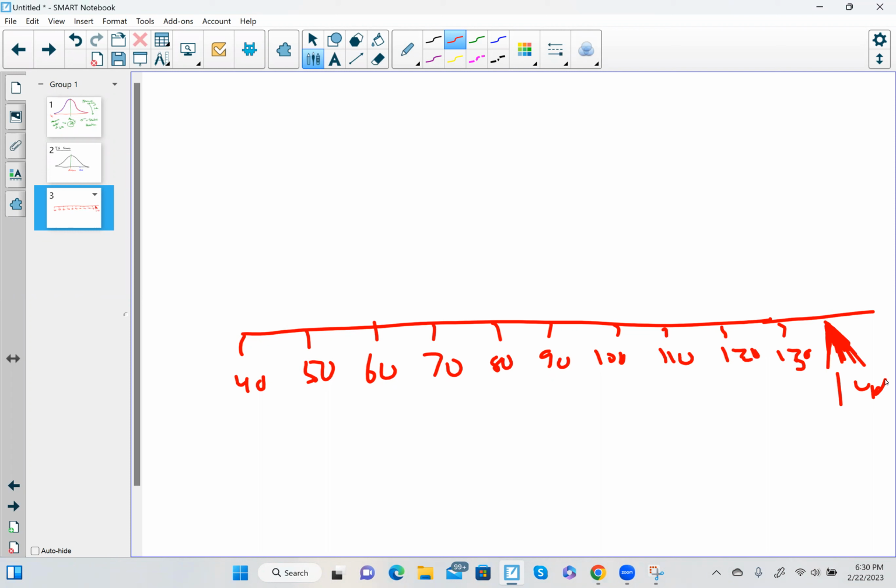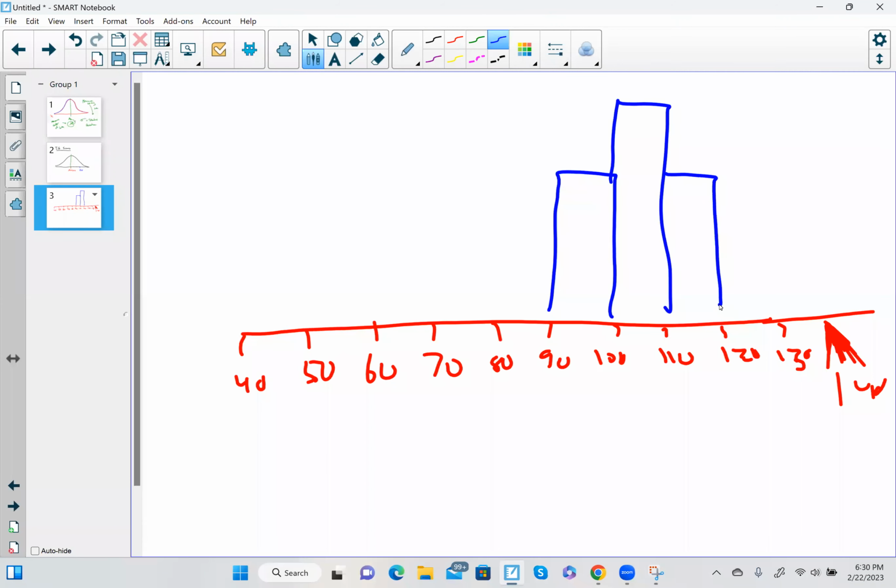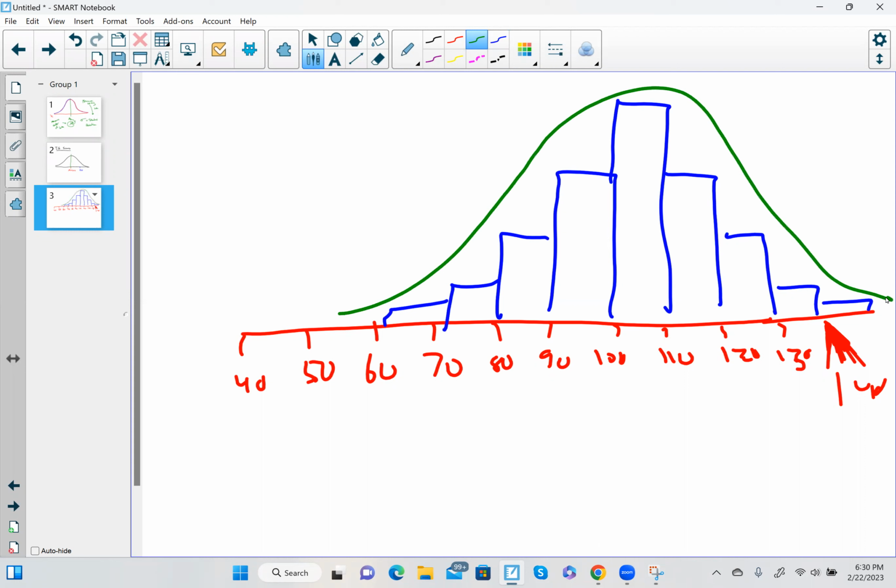And then what would happen is that you would find that the graph was sort of the biggest bars, the highest amounts of people would be here in the middle. And then as you went further and further away from the mean, you would get smaller and smaller amounts of people in those groups. And you'll notice that this graph seems to look like a normal distribution.